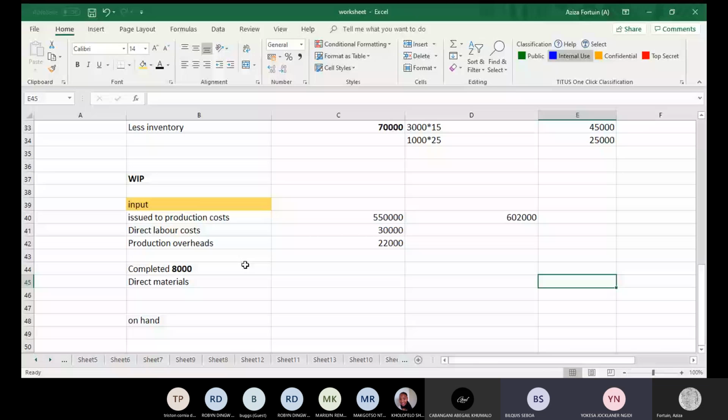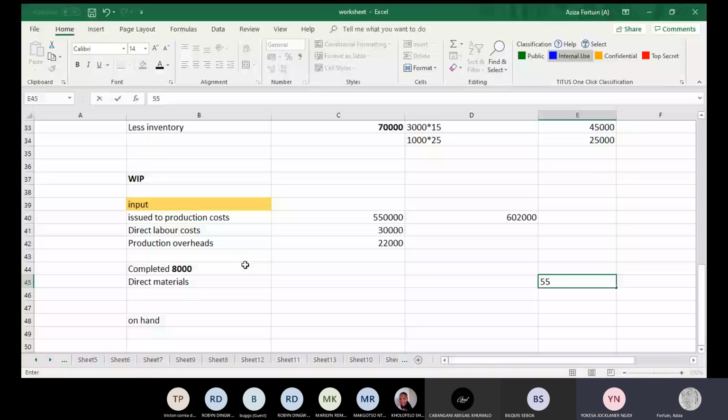It must be something, but I'm not sure if it's the 8,000 or the 10,000 that you divide by. You said it's 55 rand, so I divided by 10 and got the 55.